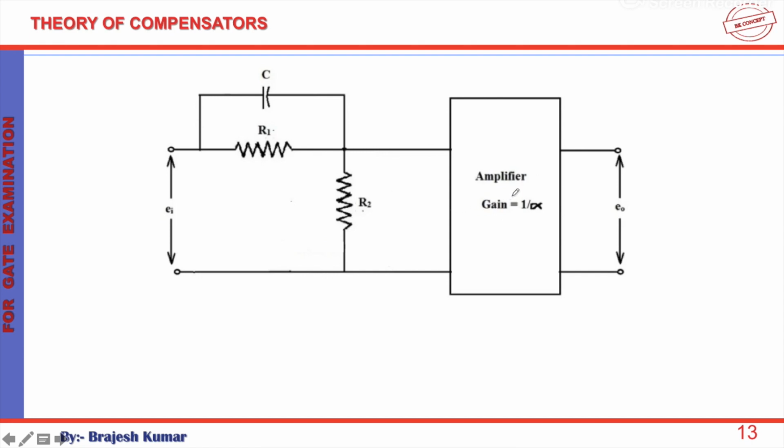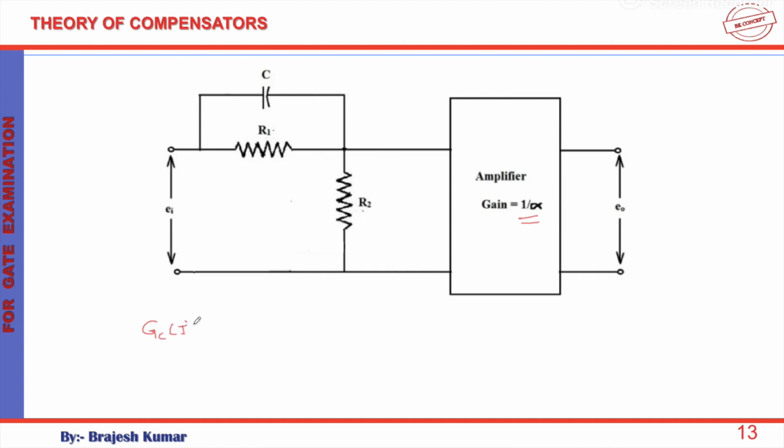So we have taken an amplifier having a gain of 1 upon alpha. So what will we get? Finally, after considering the gain of 1 upon alpha to cancel out the DC gain of the original lead network, our final sinusoidal transfer function of lead compensation will look like this.